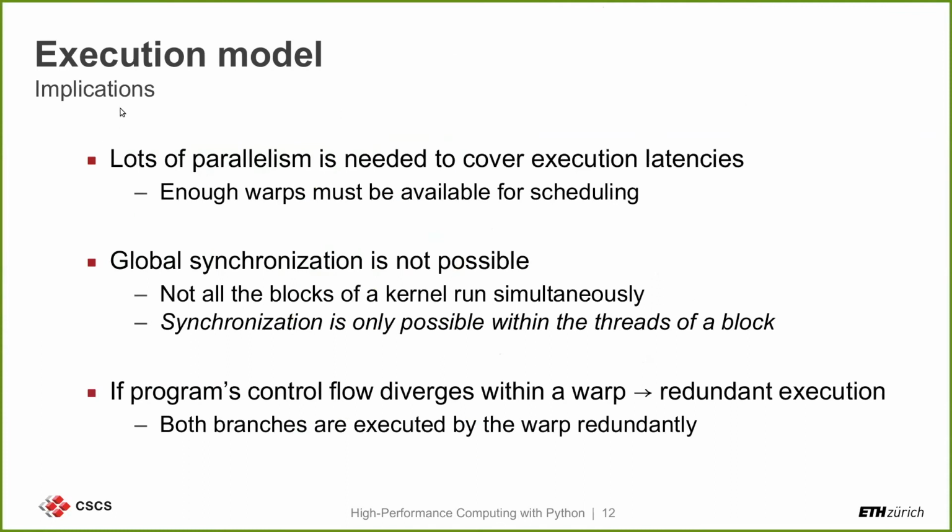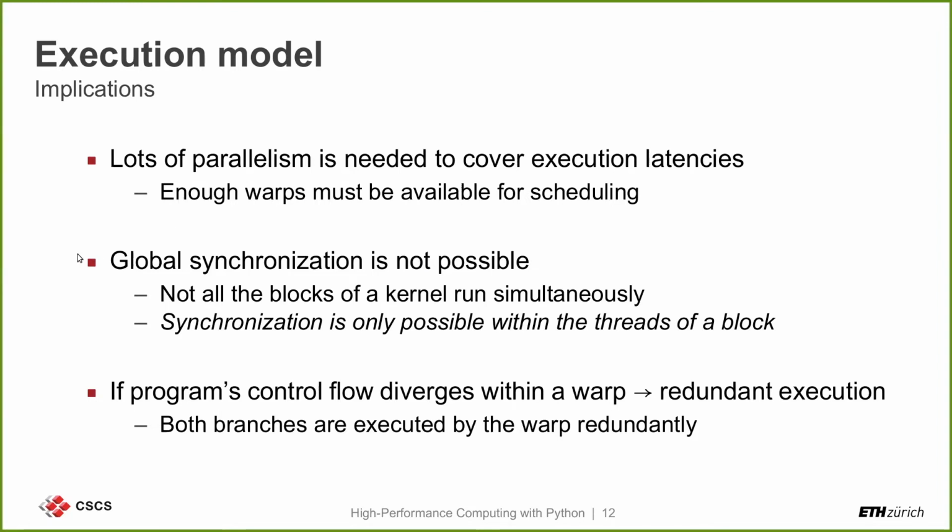The implication of this is that we have to exploit as much parallelism as we can to cover the latencies that the GPU tolerates, and enough work must be available to schedule all these different kernel blocks at the same time.